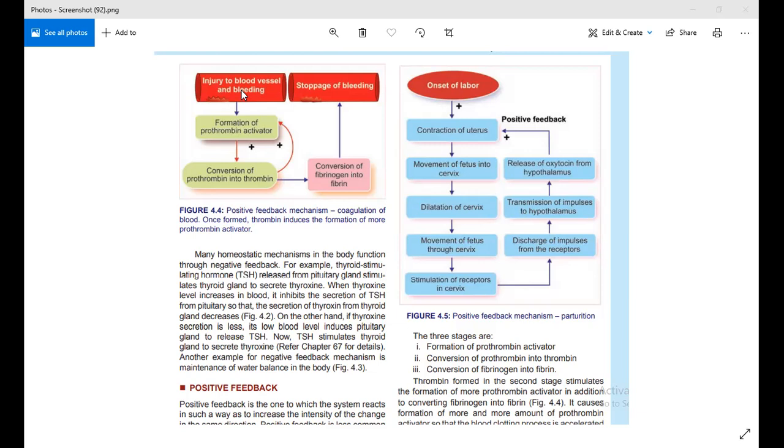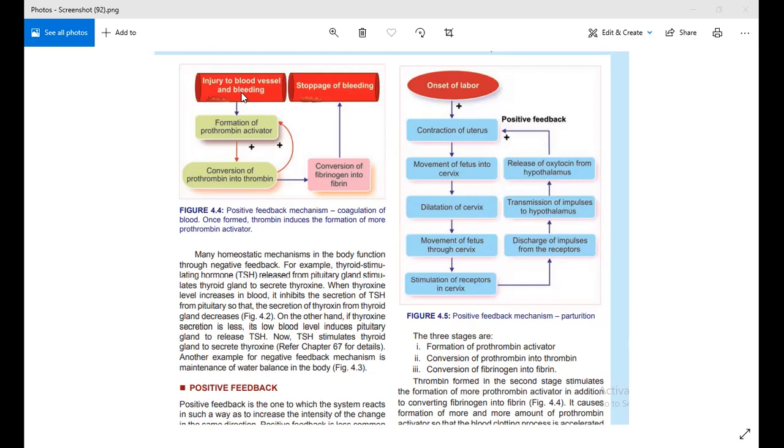And we said that that endothelium could easily be injured, right? So when there's an injury to that endothelium, so this is injury to blood vessel, it will lead to bleeding, okay? Now, once that bleeding takes place, a process will be initiated, which is called the blood clotting process.